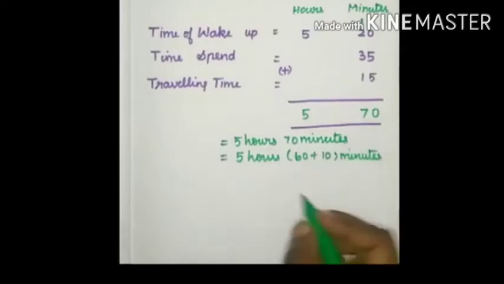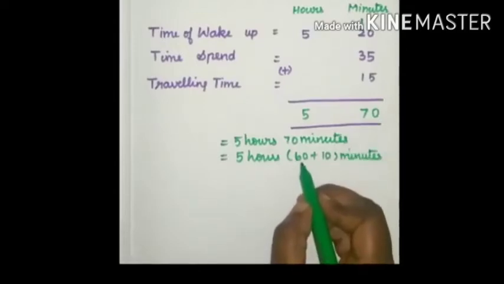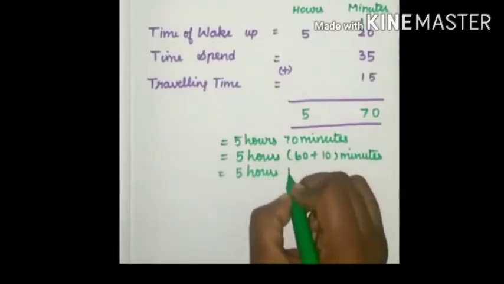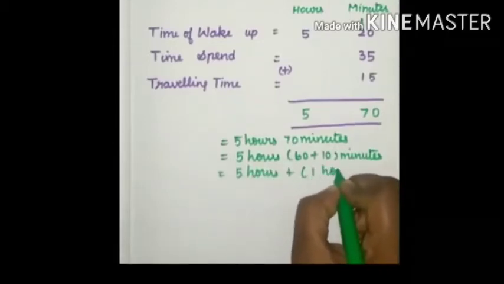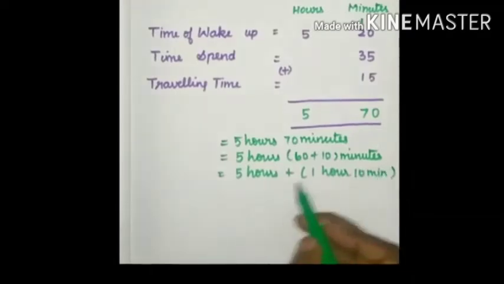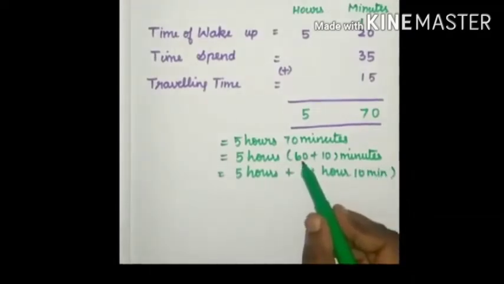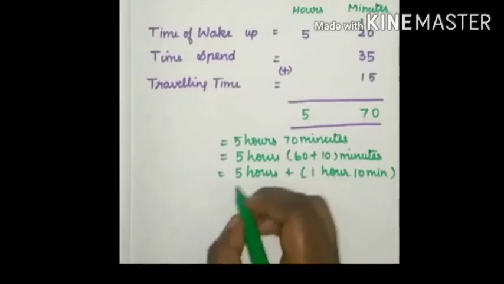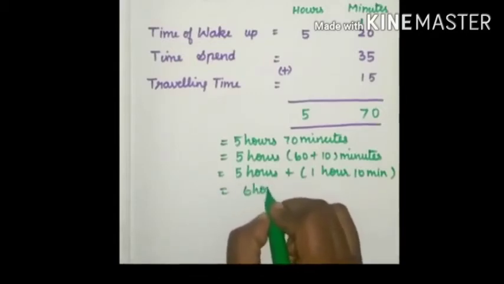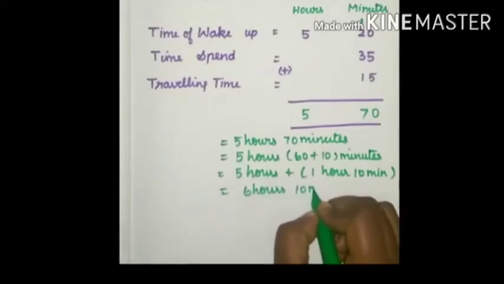As we already know that 1 hour equal to 60 minutes. Therefore, 5 hours plus 1 hour 10 minutes. Students, is clear, no? 1 hour equal to 60 minutes. So 60 minutes can be written as 1 hour. 5 hour plus 1 hour equal to 6 hours 10 minutes.